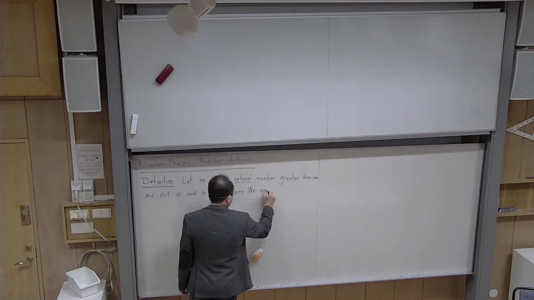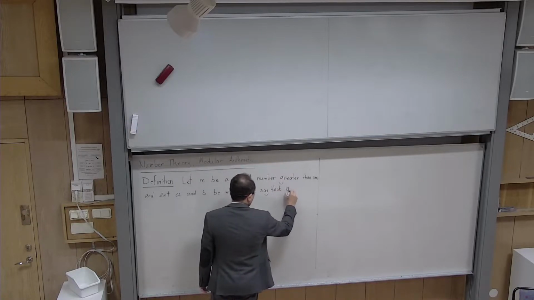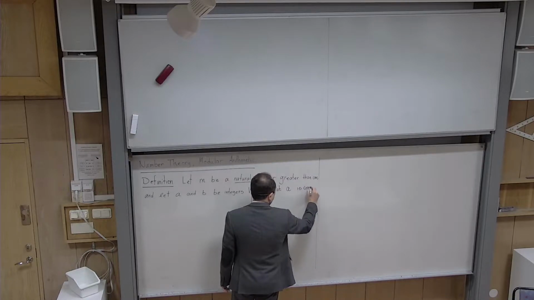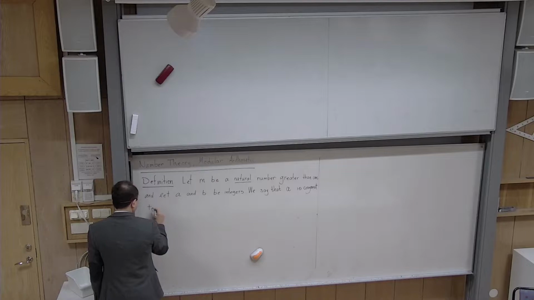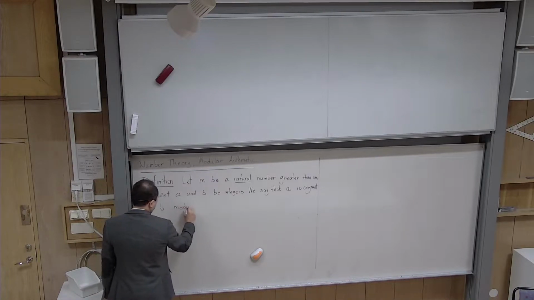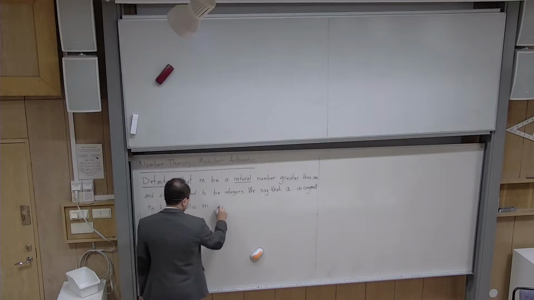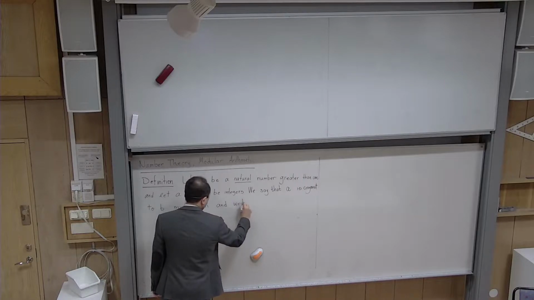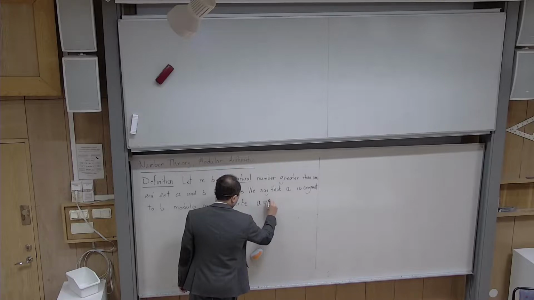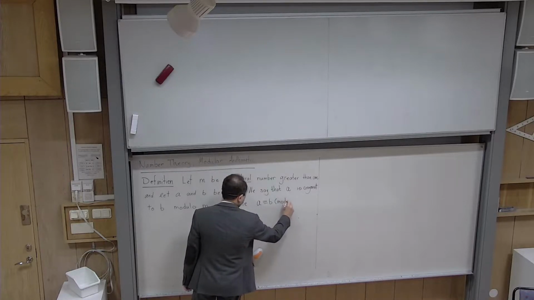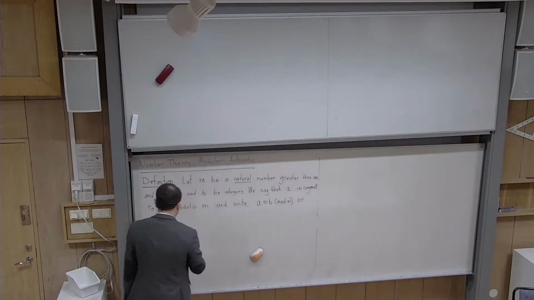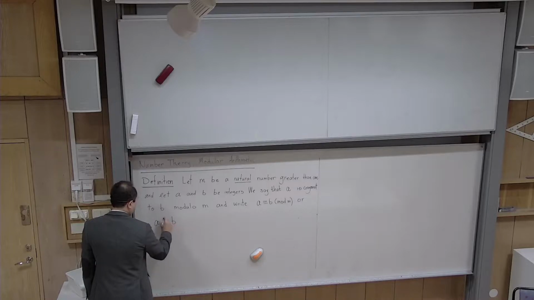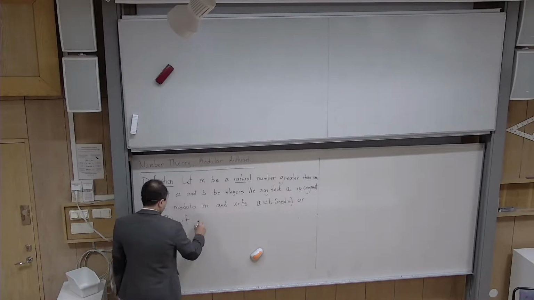We say that a is congruent to b modulo m, and write a, you just use this symbol, and I think in your book they are using this, or I use the short version of this, if a minus b is a number which is divisible by m.